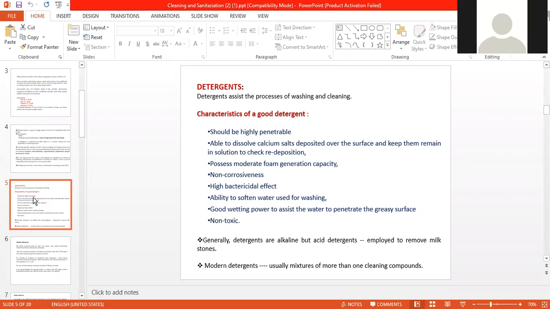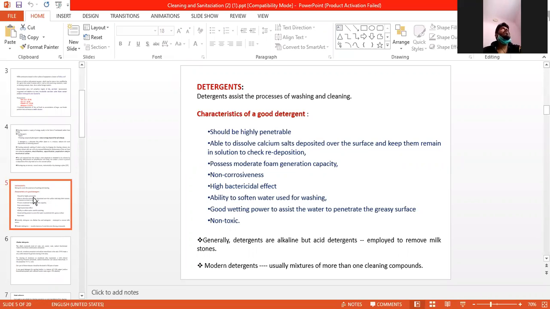When that deposits in large amount, it is converted into milk stone. So generally acid detergents are employed to remove the milk stones. Modern detergents, we will discuss the different types of bio detergents in the next chapter.